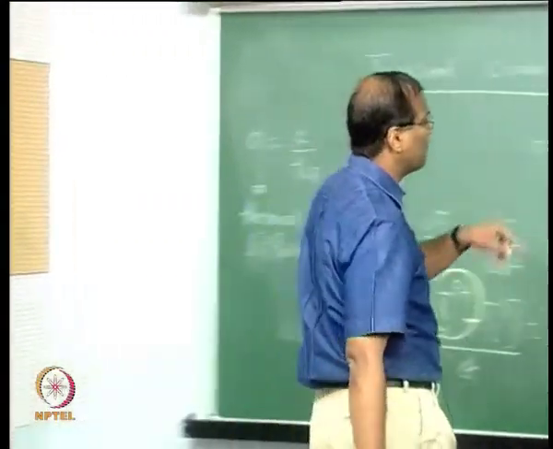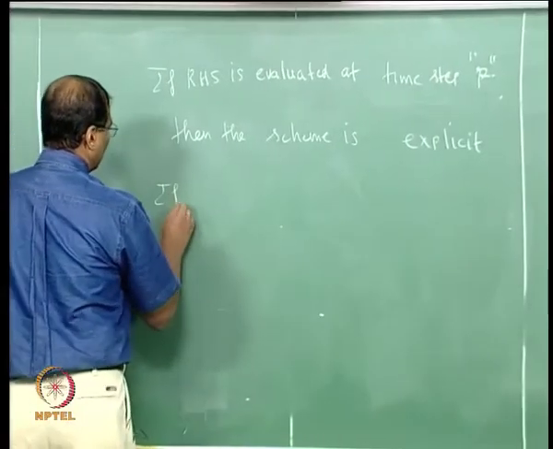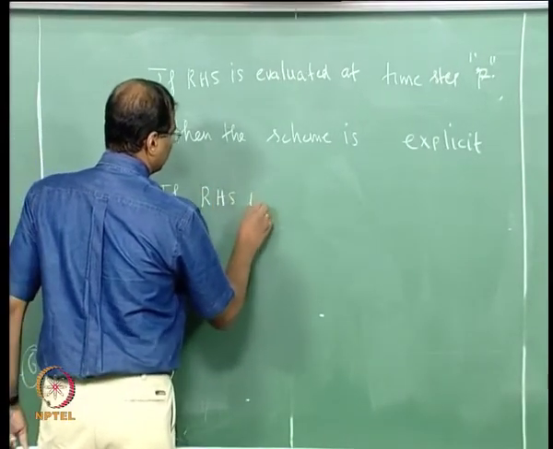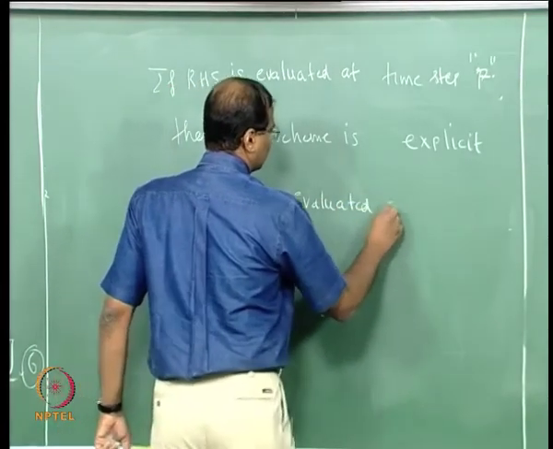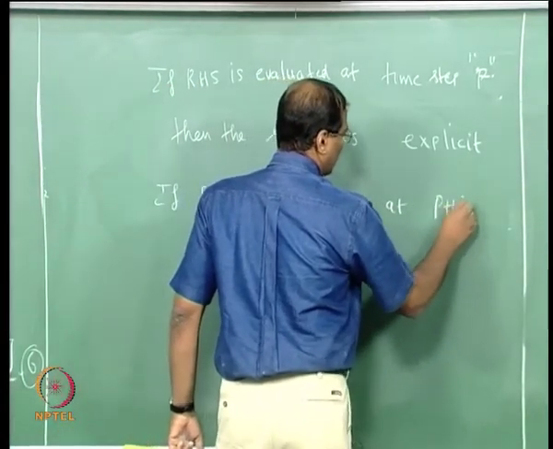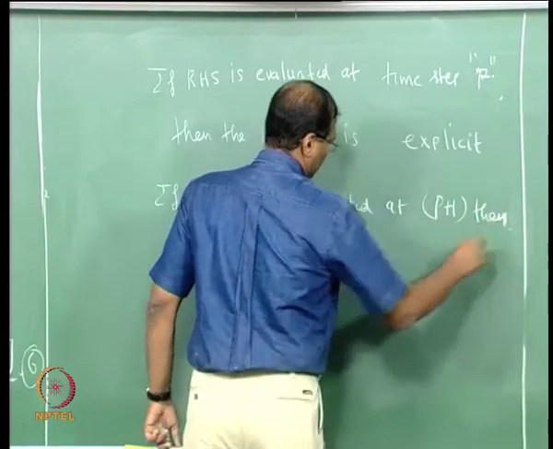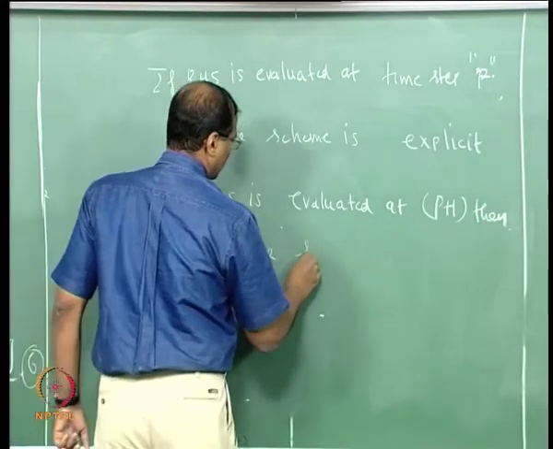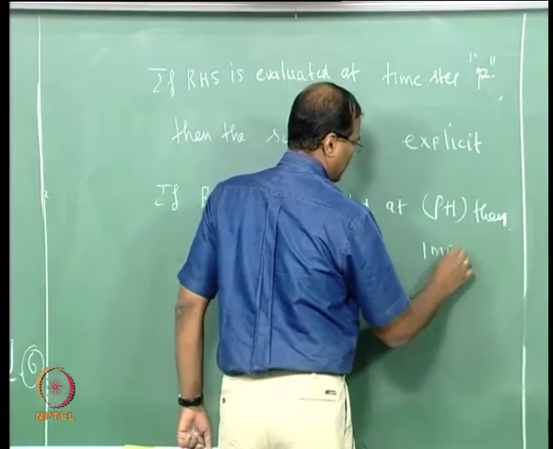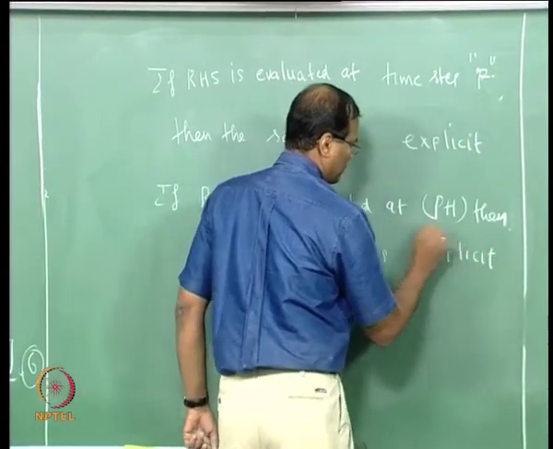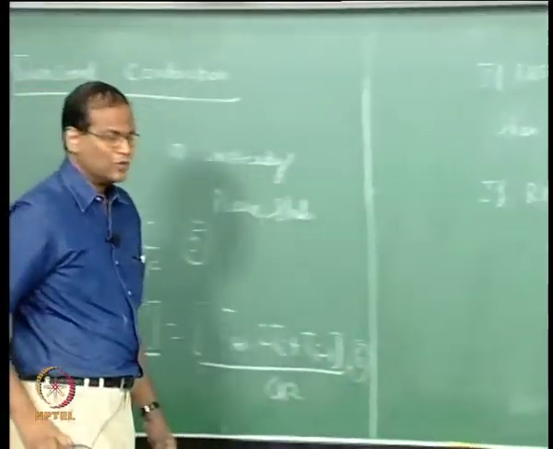However, if the RHS is evaluated at P plus 1, it is implicit.